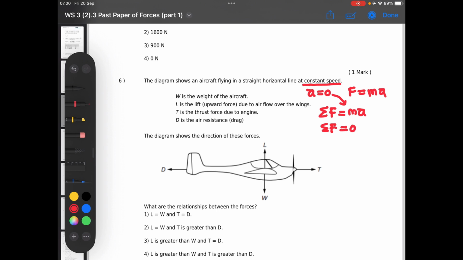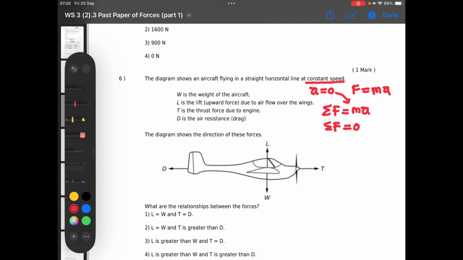Resultant force can be in two directions. Based on the diagram, we have forces in the x-axis, which is horizontal, and others in the vertical, which is the y-axis. In the x-axis, we have T and D. T is to the right, so it's positive. D is to the left, so it is negative.